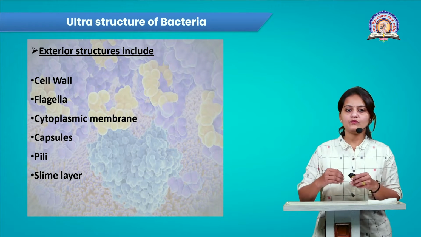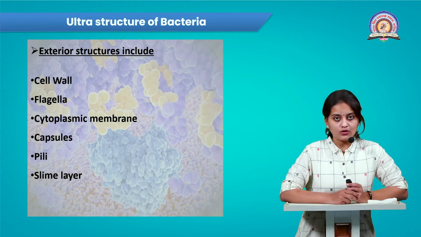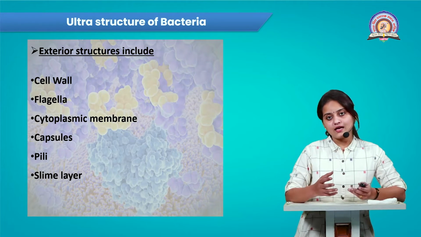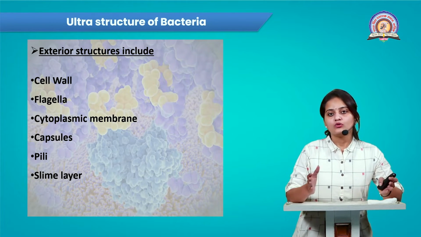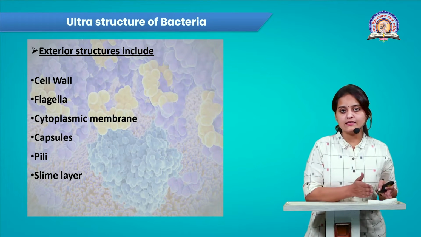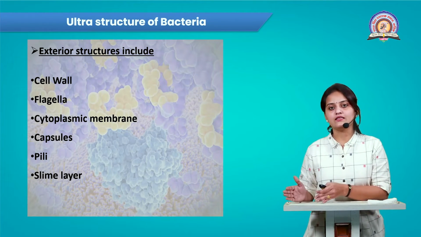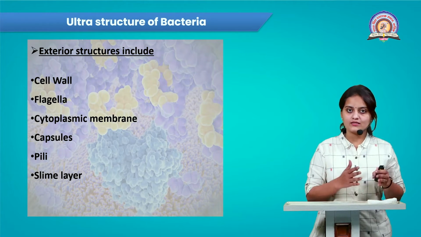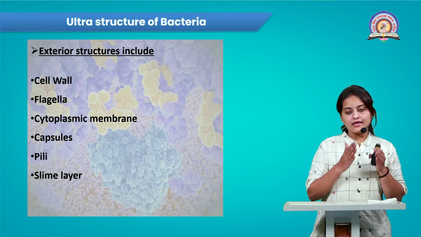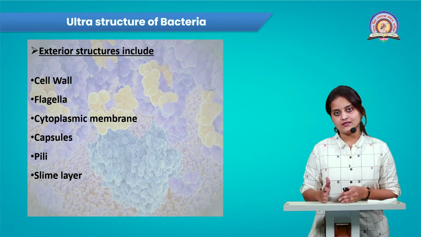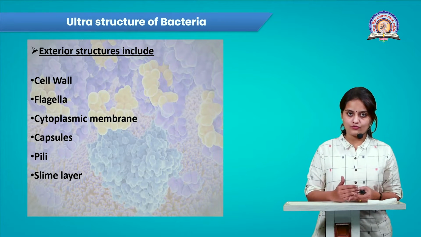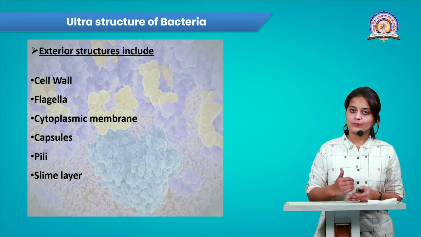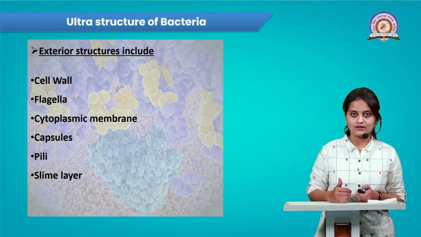Now, whenever we are talking about the structure of bacteria, we can understand it by two different sets of organelles, the exterior organelles as well as the interior organelles, and we will start from the most exterior organelles today. The exterior structures of the bacterial cell include the cell wall, flagella, cytoplasmic membrane, capsules, pili as well as the slime layer.